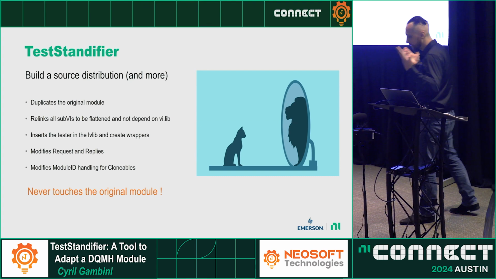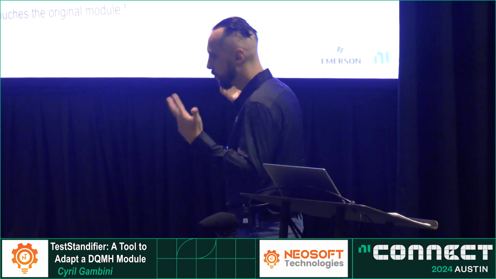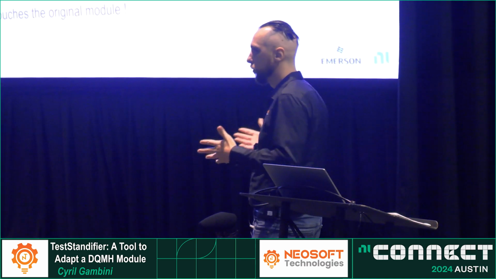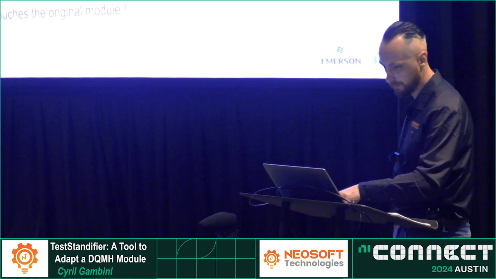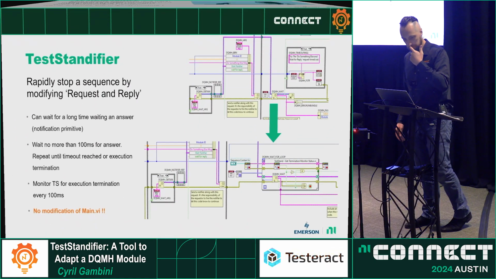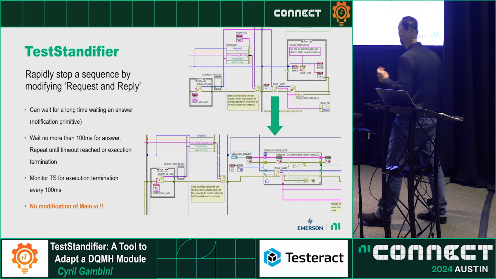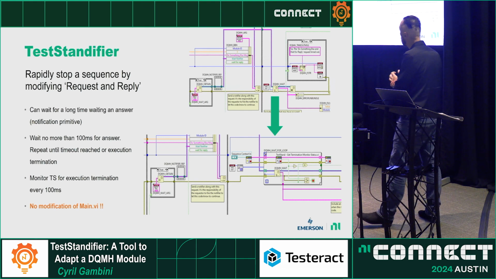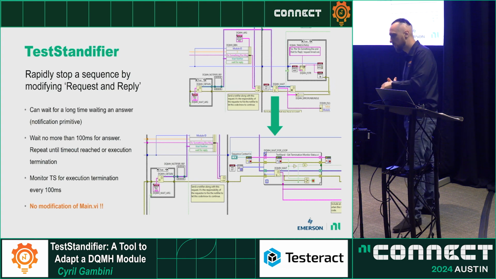The main idea behind the source distribution is that we never ever touch your original module. So if you use that DQMH module in another application, for example, it will not be changed.